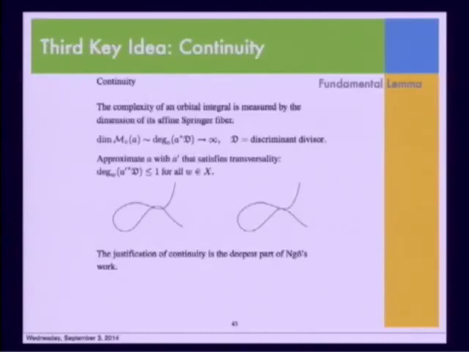So the third key idea is continuity. If you look back at the early calculations by Langlands and Shelstad, if you take an orbital integral of a regular semi-simple element and you look at the behavior as that element varies, as you tend towards the identity element in the group or the zero element in the Lie algebra, those integrals are getting more and more complicated as you're tending towards zero.